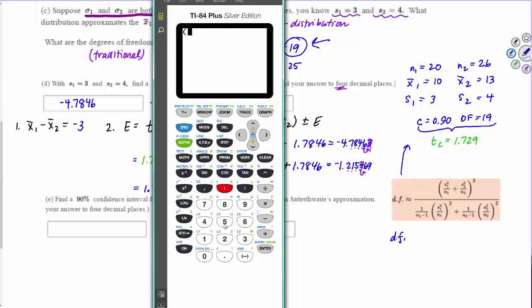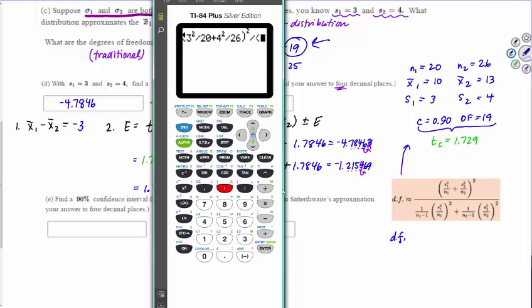The numerator is s1, 3, squared divided by the sample size 20, plus s2, which is 4 squared divided by the sample size of the second sample 26, and all of that is squared.